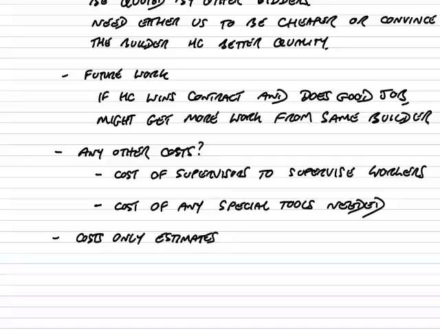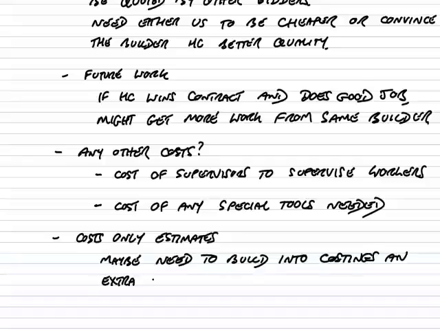That however well we estimate, the actual costs may turn out to be higher, and we don't want to lose money. And so maybe we need to build into our costings perhaps an extra amount to be safe.